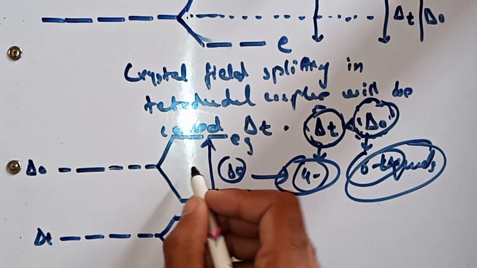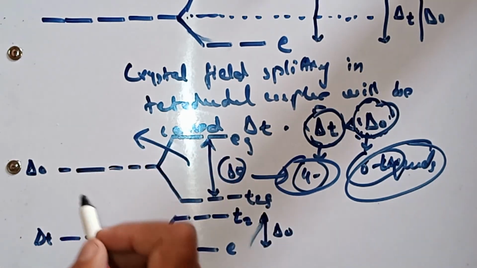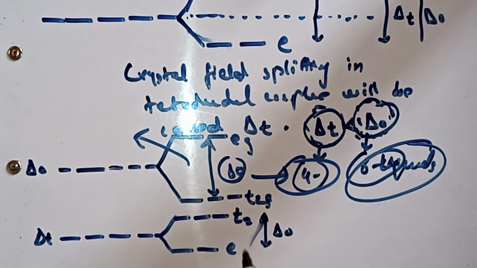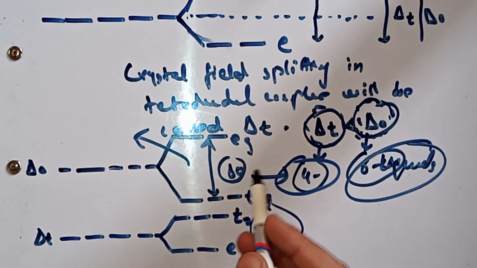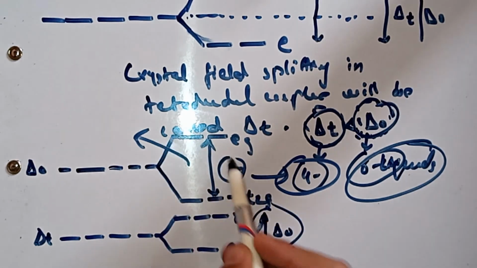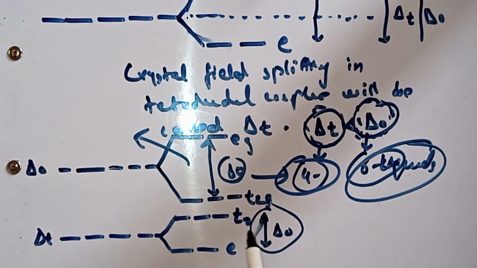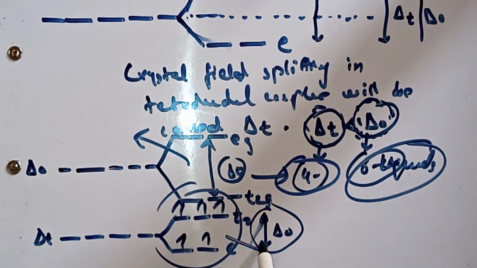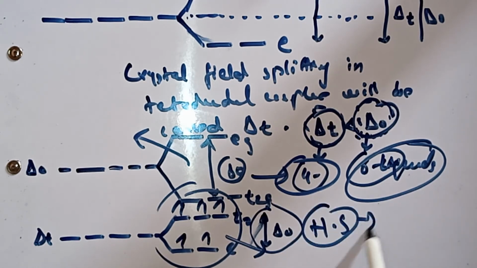So that's why here it can be high spin. In case of tetrahedral complex the splitting is very less, while in case of octahedral complex the splitting is higher. So here all electrons will be unpaired according to Hund's rule. High spin complex will be formed, but low spin complex cannot be formed because the splitting is very little.